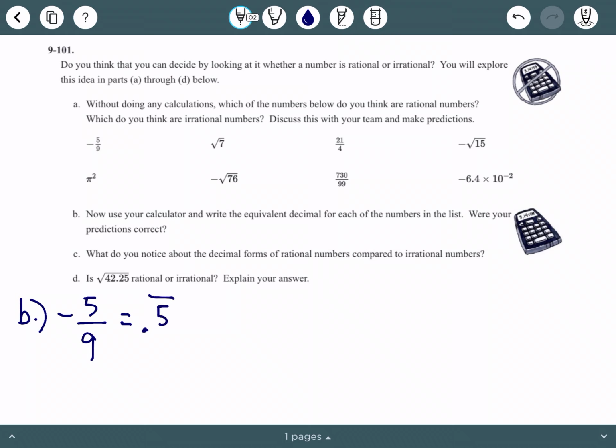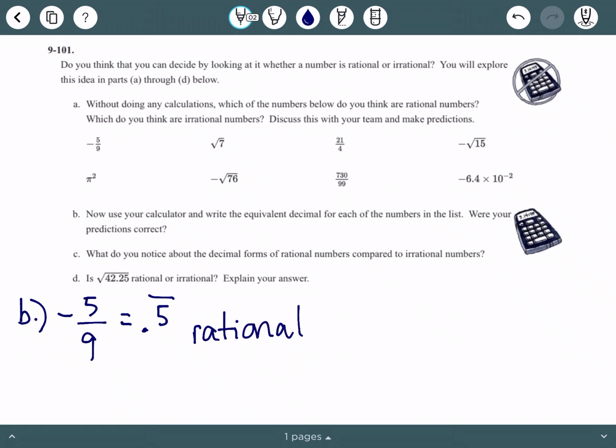So it's just going to be 0.55555 until your calculator screen can't fit anymore. So remember now that repeating decimals are considered rational. So this -5/9 is going to be rational.